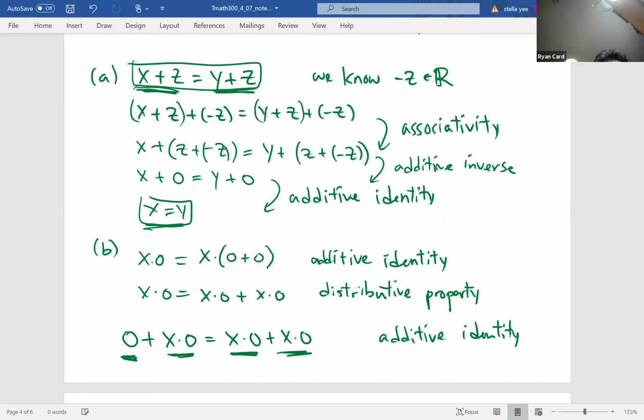So if x plus z equals y plus z, then I can eliminate z from both sides and say x is equal to y, or 0 is equal to x times 0. So I'm just using part A of this proposition. I already proved it, so I can use that fact.